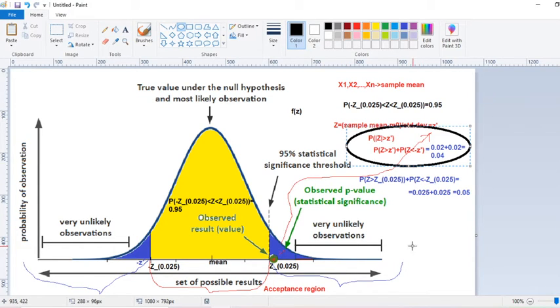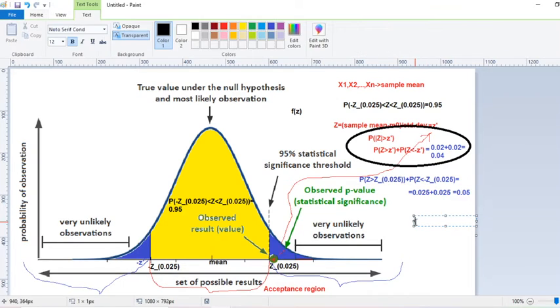What are the steps behind the computation of p-value? First of all, we have to find out z dash. Then we have to find out the probability of rejection. That means the probability of z greater than z dash.